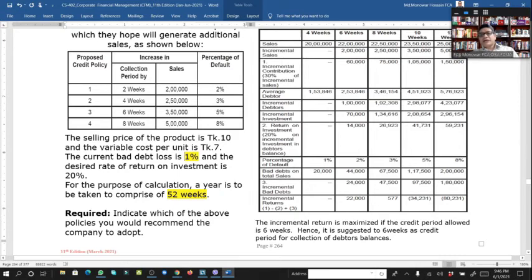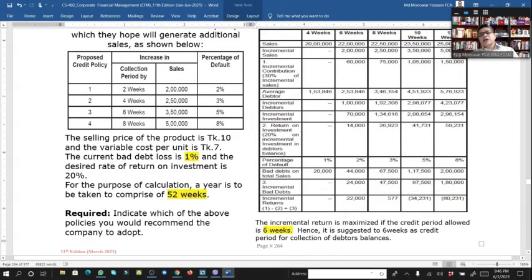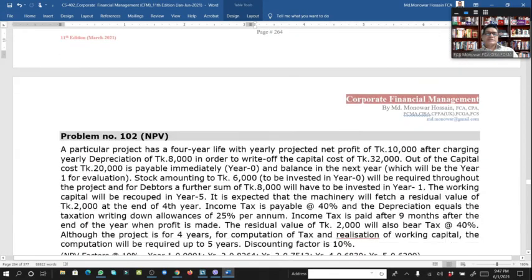The incremental return is maximized if the credit period allowed is 6 weeks. This is your recommendation. With 10 weeks it would be negative, and 12 weeks even more negative. So the ideal is 6 weeks, and you should recommend 6 weeks.